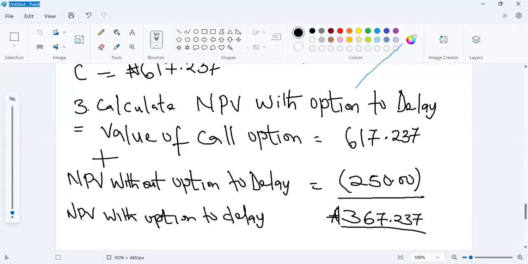So our comment will be: if option value is incorporated into the project analysis, this will improve the project profitability to 367 million.